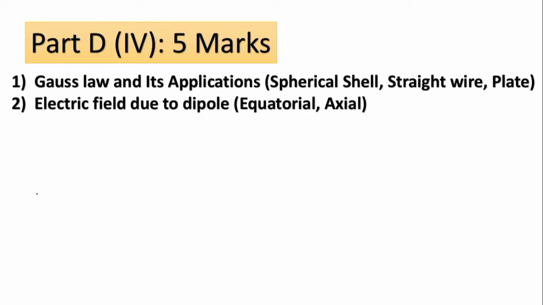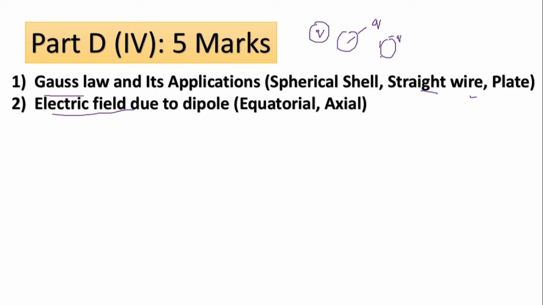In the first one you have two topics. One is Gauss law related topic and the other is electric field related topic. In the Gauss law related topic there are three derivations: spherical shell, straight wire and plate. In spherical shell they may ask when the point is inside the sphere, when it is outside the sphere, or just outside the sphere.